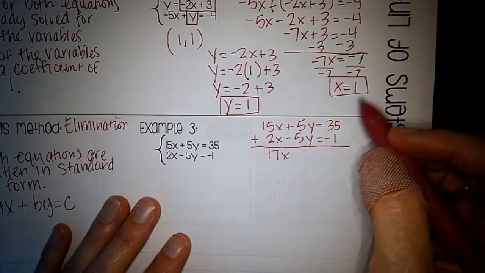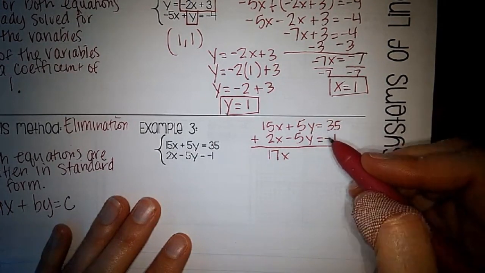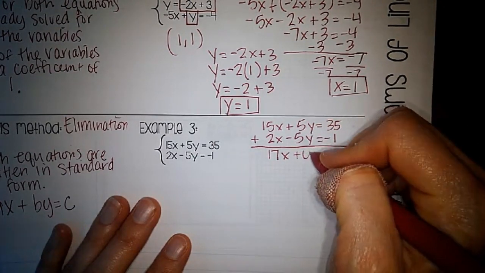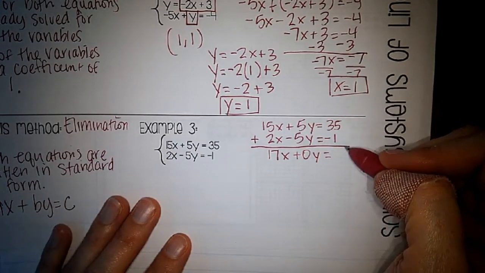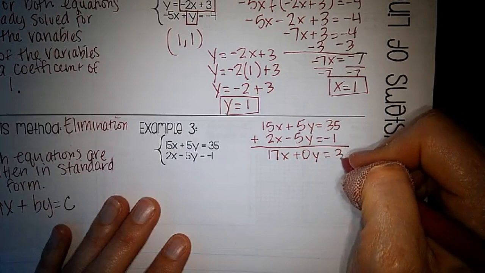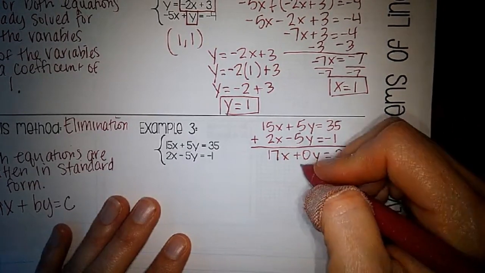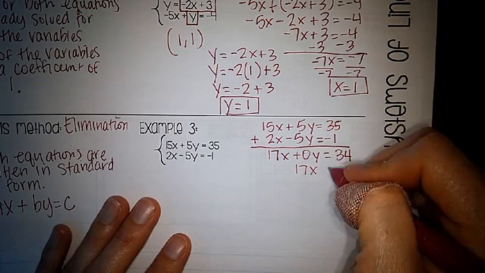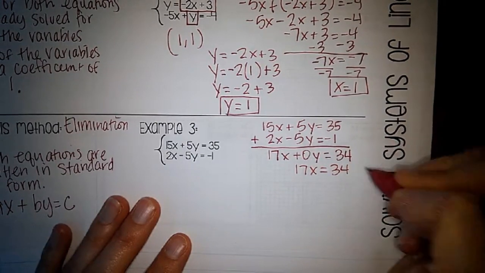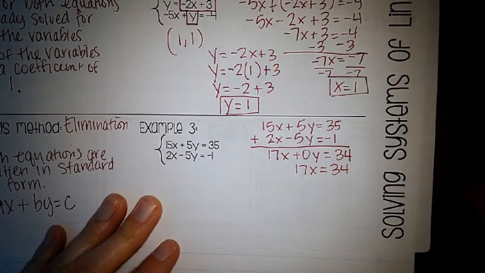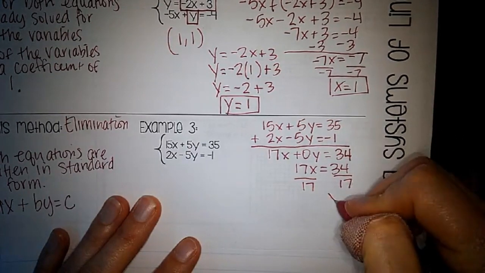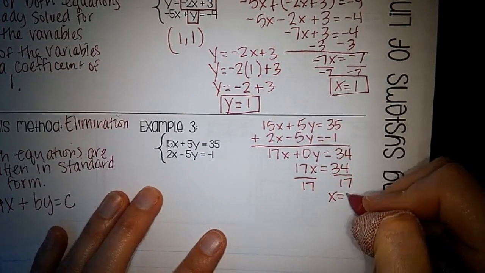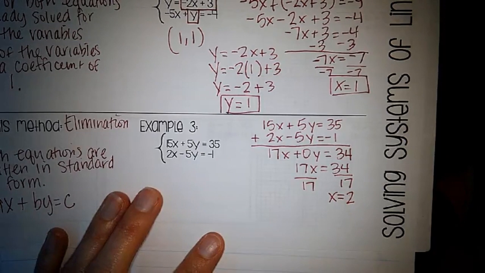Negative 5y plus 5y is 0 times y, which is 0. 35 plus negative 1. So now I have 17 times the value of x equals 34. Divide by 17. X equals what? 2. Plug it into whatever equation you want.